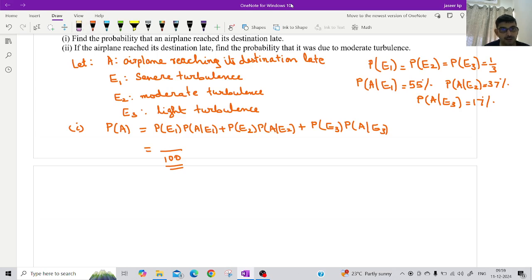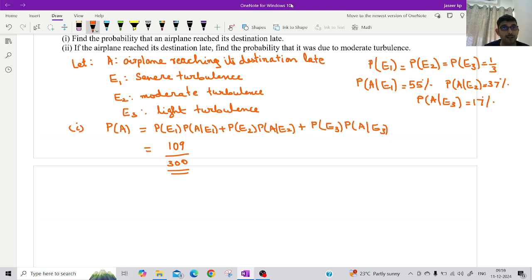Sorry, it is not 33 by 100, sorry for that. It is 109 by 300. It cannot be simplified, so it will remain as 109 by 300. So this is the answer.